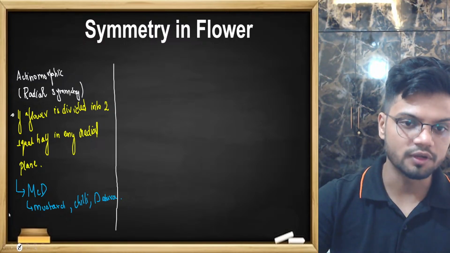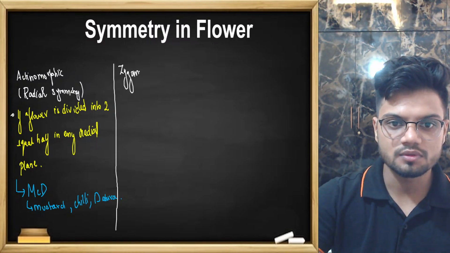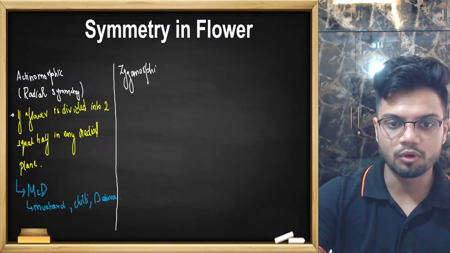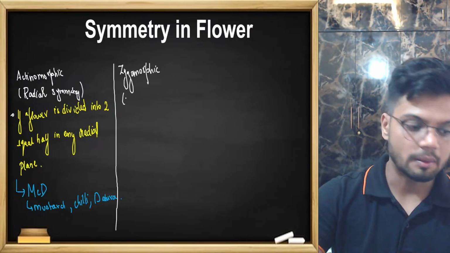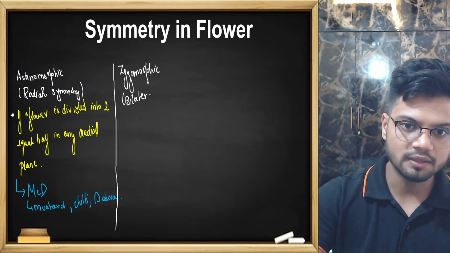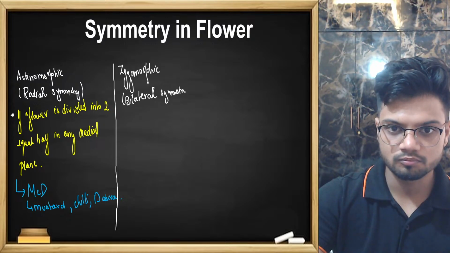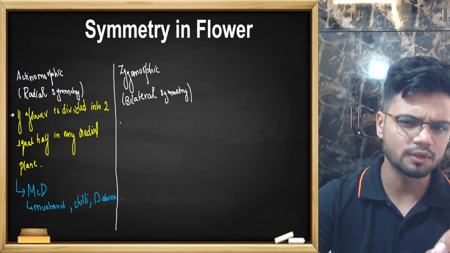Okay, done. Now what is here? Zygomorphic, also called bilateral symmetry. Understand? Very simple to understand.